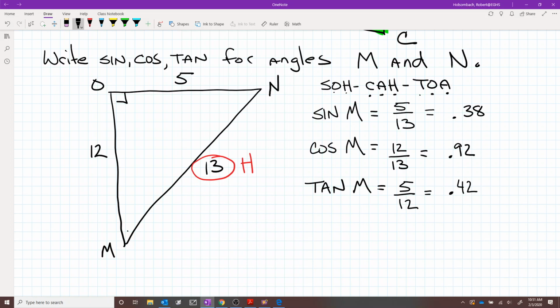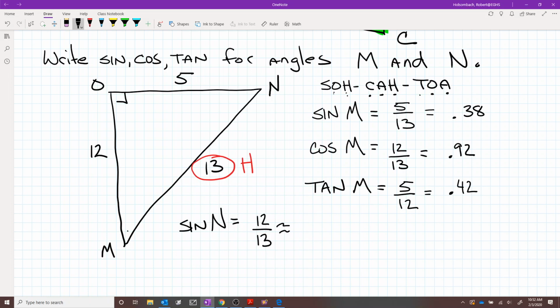Okay? So let's go sine, cosine, tangent of N now. Alright? I gotta move over here. We're gonna go sine of angle N is equal to, sine is equal to opposite over hypotenuse, so opposite of N, the side length opposite of N, that's 12, and the hypotenuse is still 13, isn't it?